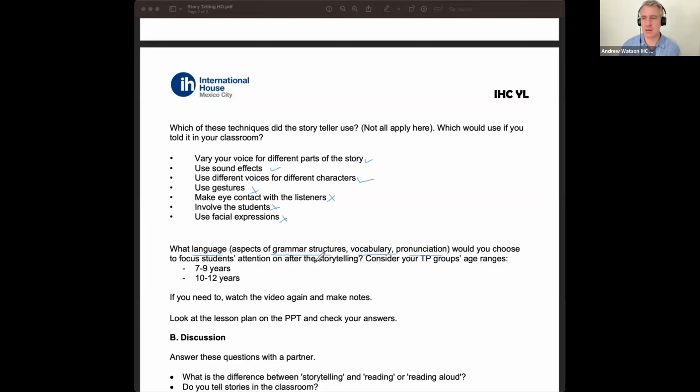Okay, so Anna Maria, tell us which age group are you teaching at the moment? Like 7 to 9 years. You're teaching 7 to 9 years. All right, so I'd like you to focus on this age range.